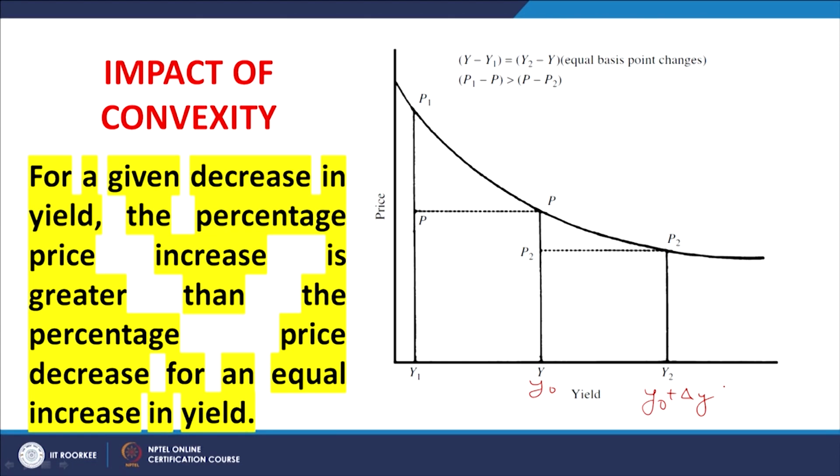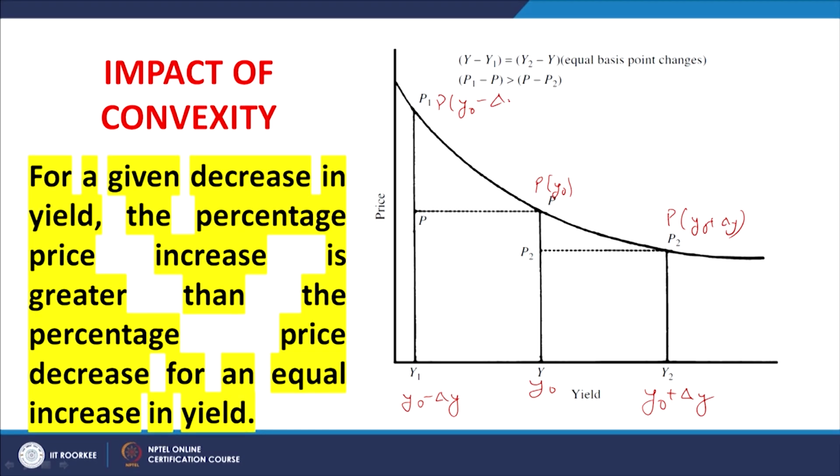This is the situation where the value of y0 increases by a small amount delta y. Let us now look at the other side, and assume that the value of y0 decreases by the same amount delta y. So, we have this point y0 minus delta y. Now, the corresponding values of the price, let us write them as p of y0, p of y0 plus delta y, and p of y0 minus delta y.